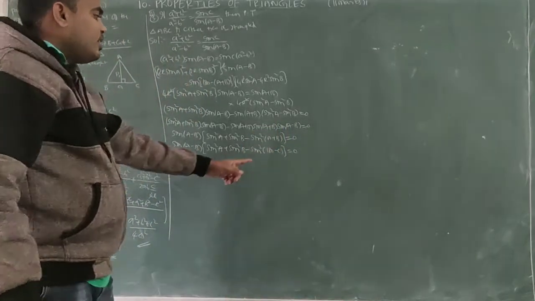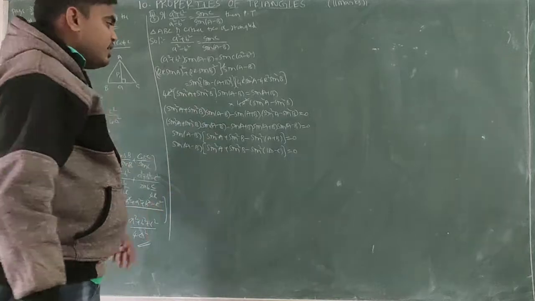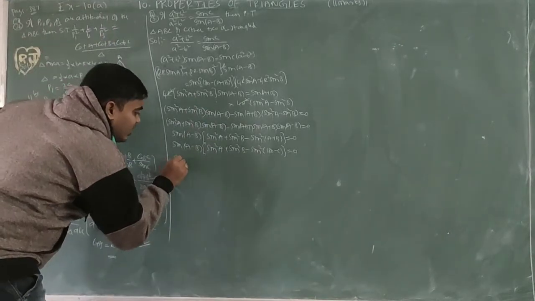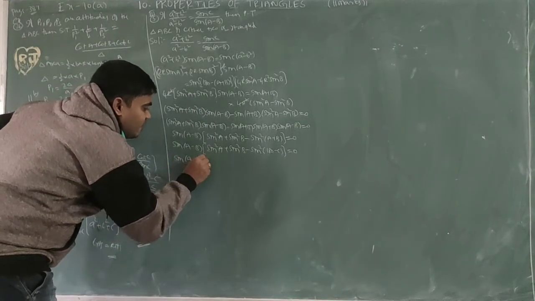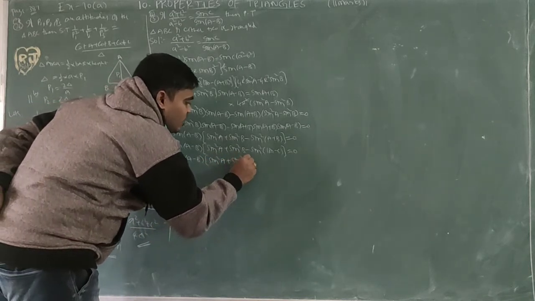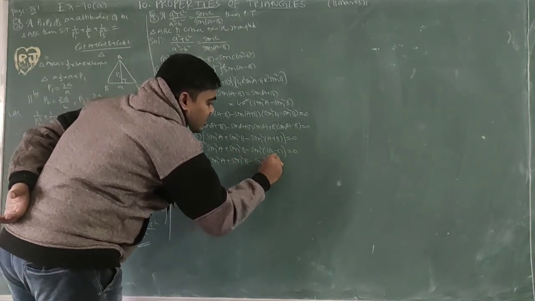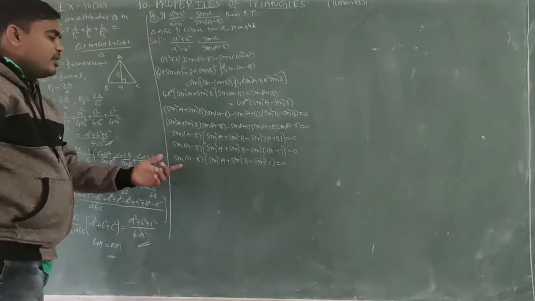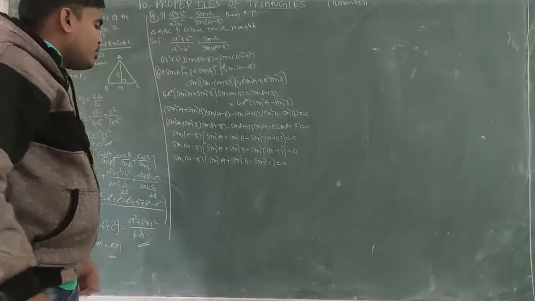Since sin(180° − θ) = sin θ, we get sin(A − B) times (sin²A + sin²B − sin²C) equal to 0. So the product is 0, either this one equal to 0 or this one equal to 0.